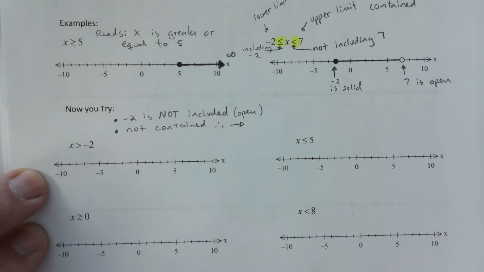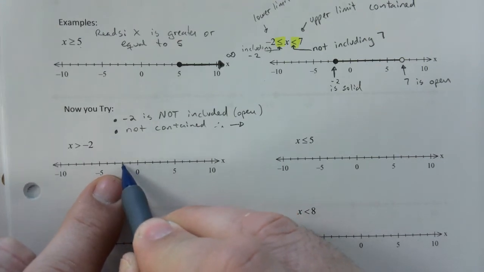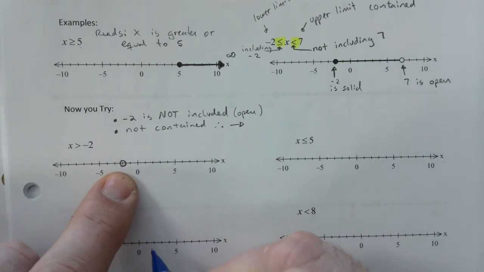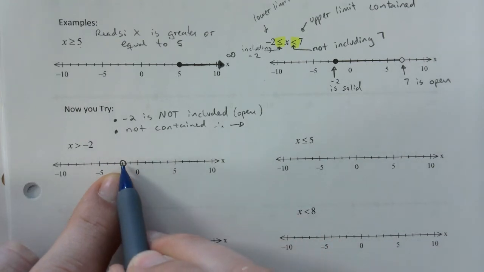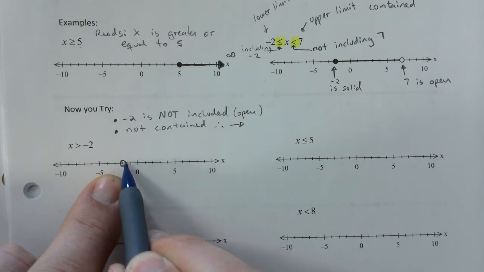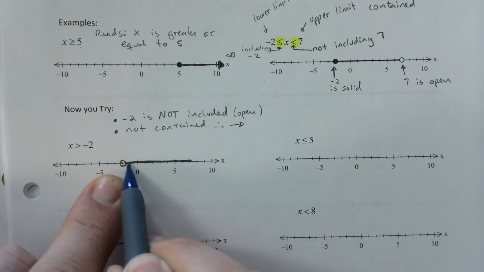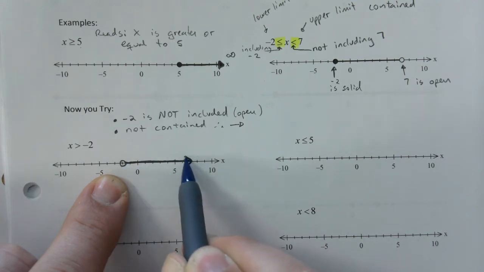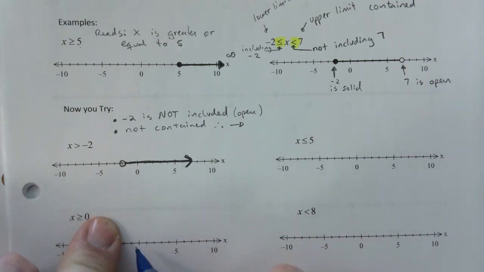So where's -2? This is 0, so we go 1, 2. You put a big circle there. And x is greater than -2, so your arrow will go this way, not including the -2.